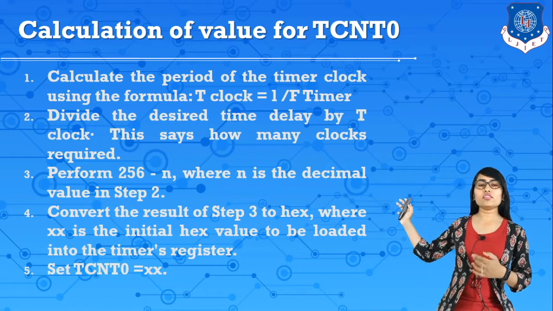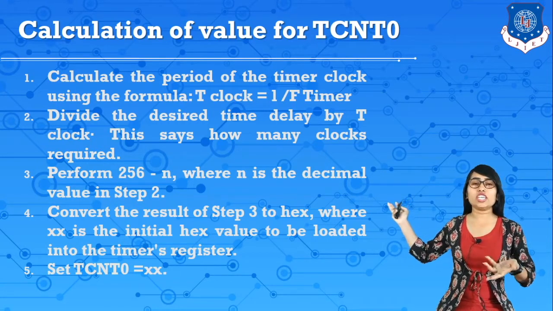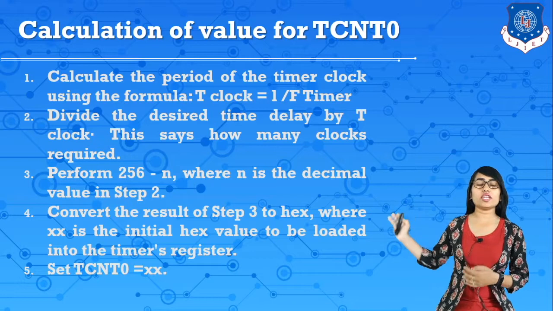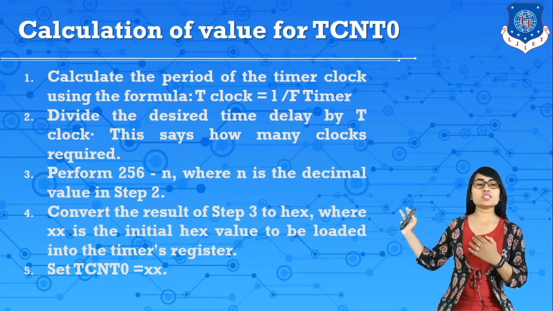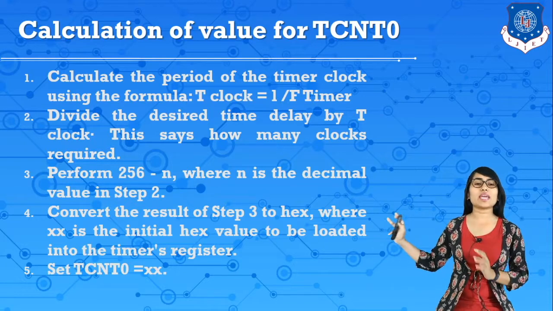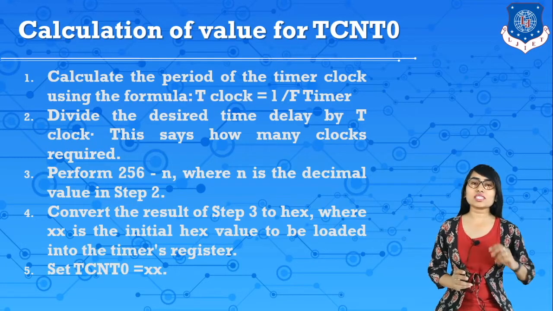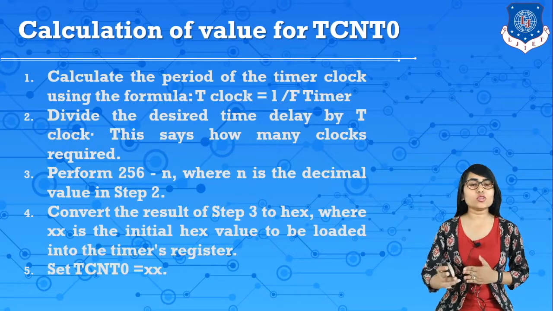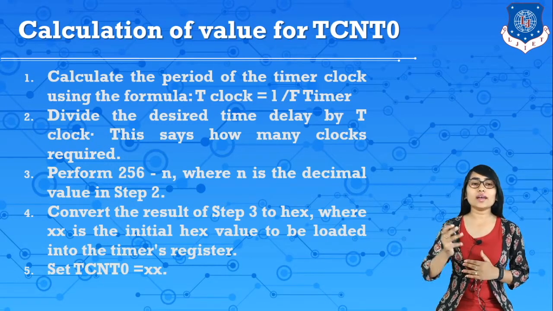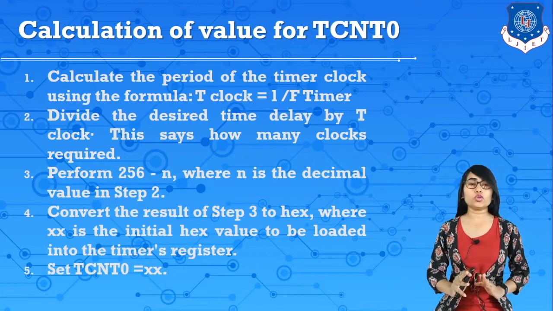Here we have a sum, either an integer value or a fractional value. Use this value and perform the subtraction 256 minus n. Here 256 is used as TCNT0 is 8-bit, so 2 raised to 8 means we have a total of 256 values.